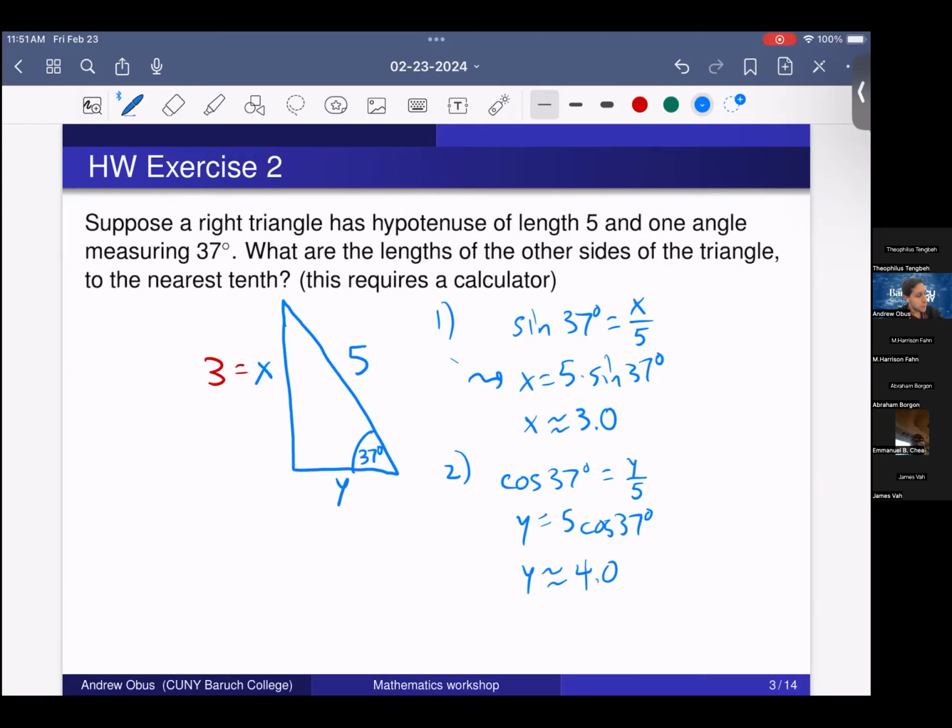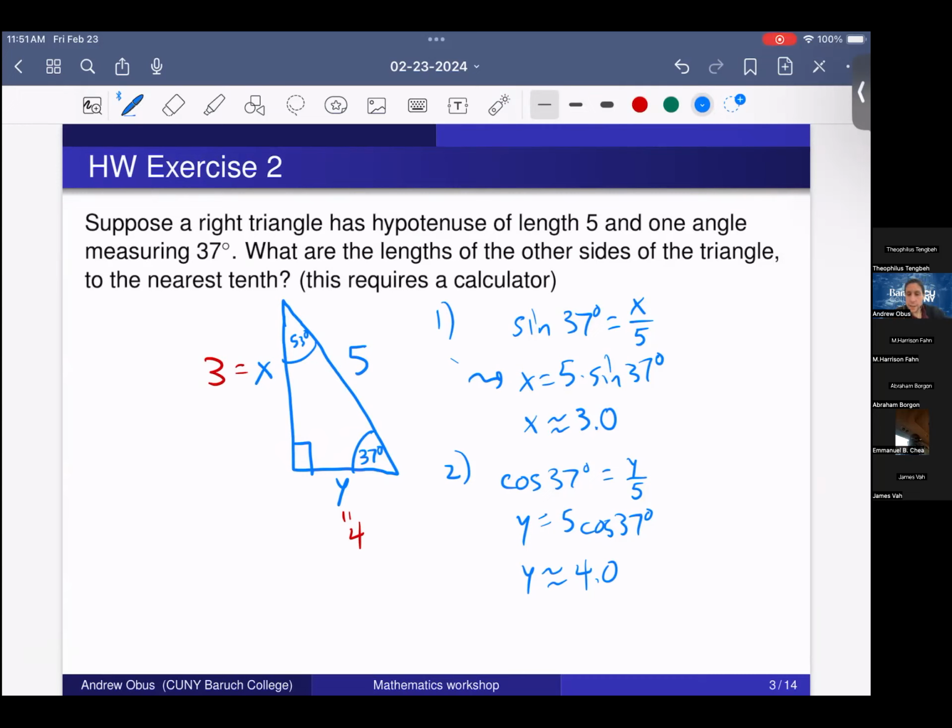Okay, so we have 4 over here. So it turns out that this is the 3, 4, 5 right triangle. Up to a pretty close approximation when rounded to the nearest degree, the angles in a 3, 4, 5 right triangle are the right angle, a 37-degree angle, and a 53-degree angle over here. Okay. All right. So this is pretty standard right triangle trigonometry.